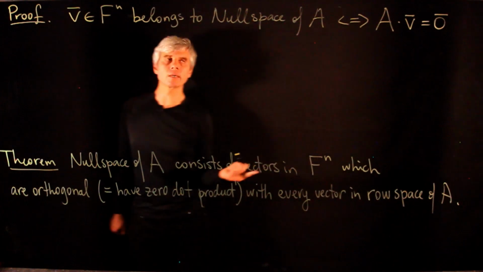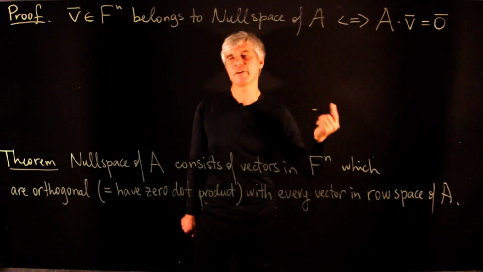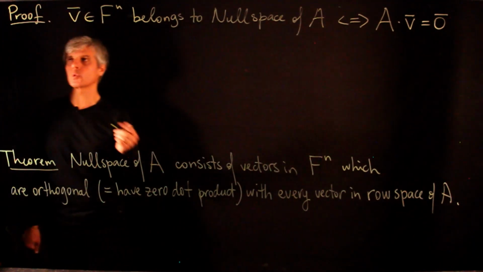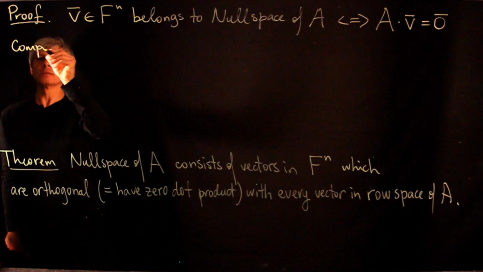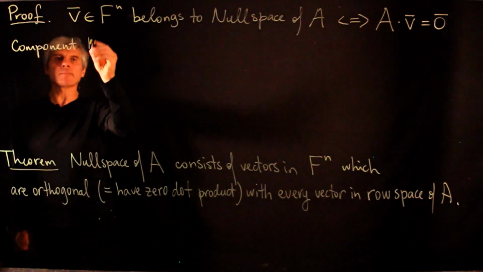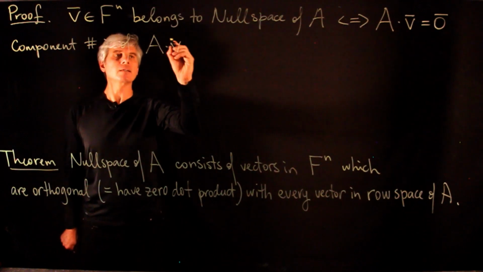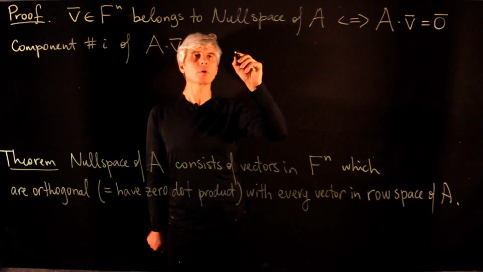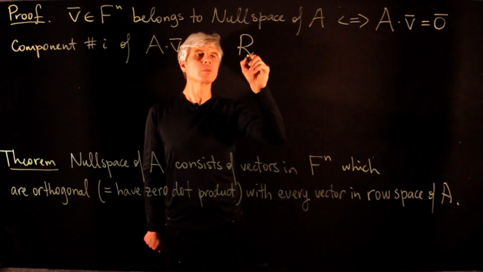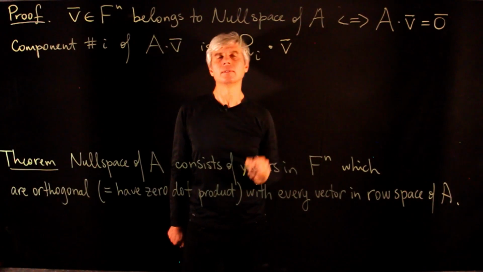But how do we calculate the product of a matrix with a vector? So this was one of our rules. Component number i of the product Av is the dot product of row number i with v.